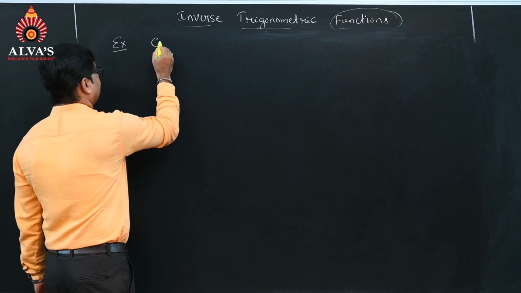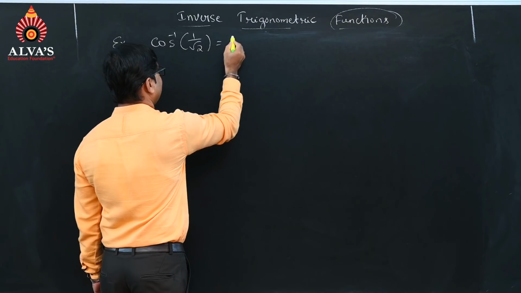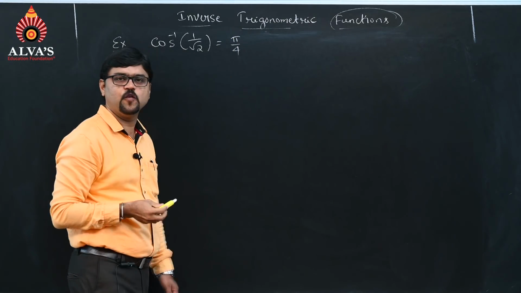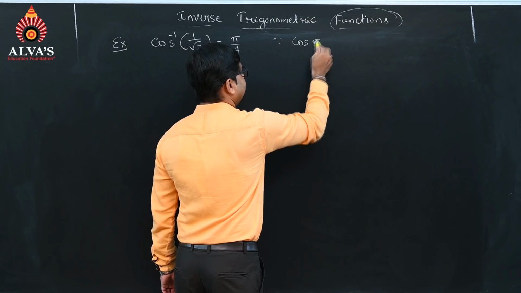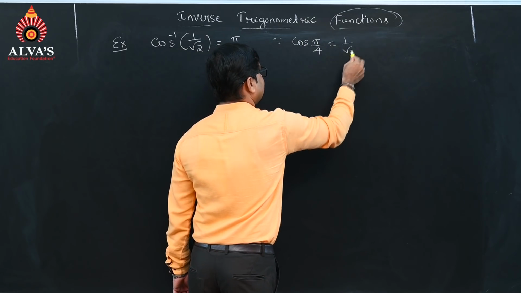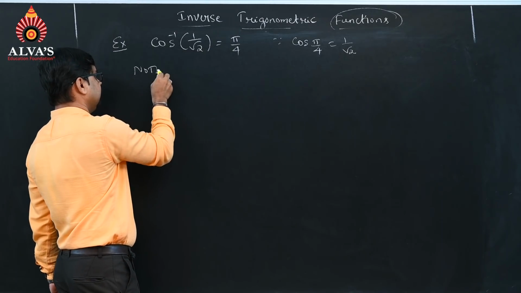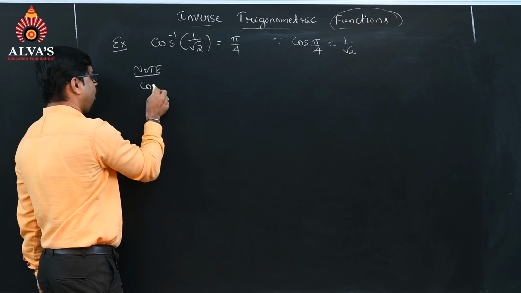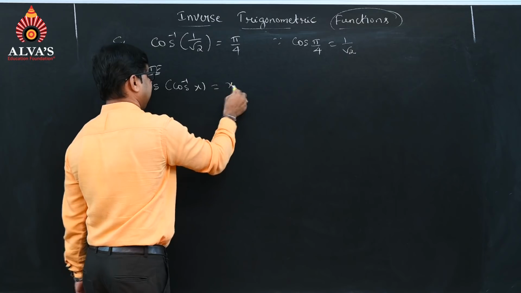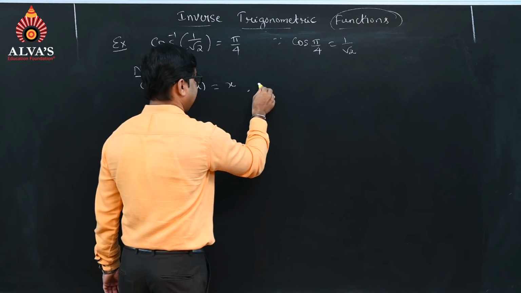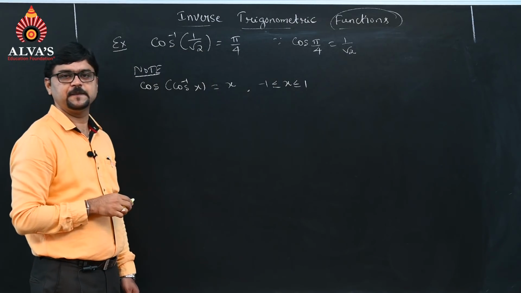Example: cos inverse of 1 by root 2 is pi by 4, because cos pi by 4 value is 1 by root 2. So here we will take note: cos of cos inverse of x equals x, where this x value lies between minus 1 to plus 1.